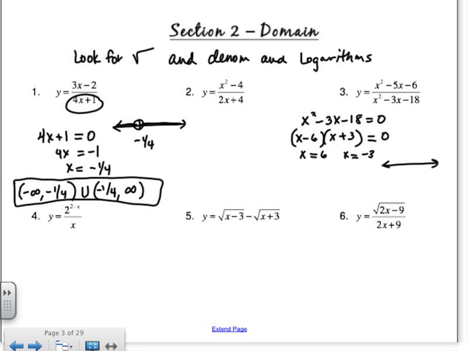So you're going to skip over negative 3, and skip over 6, and shade everything else. It's kind of messy. So I'm going to have negative infinity to negative 3, parenthesis, union, negative 3 to 6, union, 6 to infinity. Or like I said, you could just say all real numbers except negative 3 and 6.